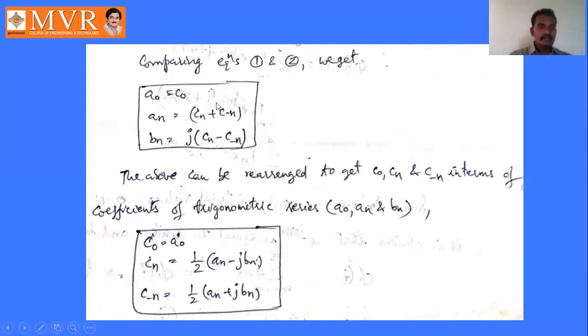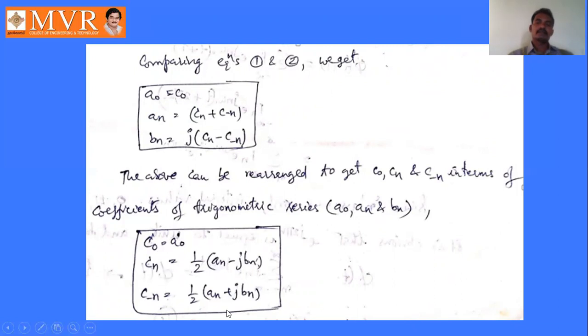Here, these are the coefficients of the exponential Fourier series, and these can be written in terms of the coefficients of the trigonometric Fourier series. Okay, by adding these two, we will get these expressions.